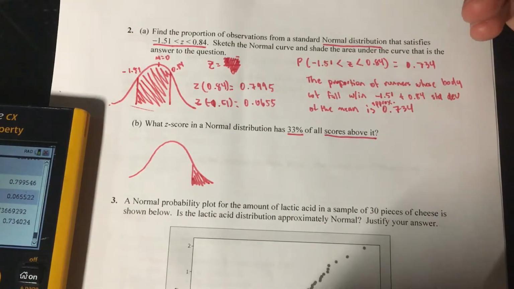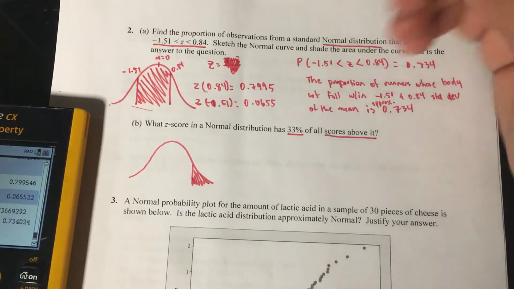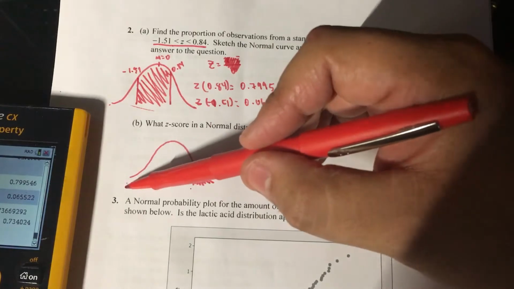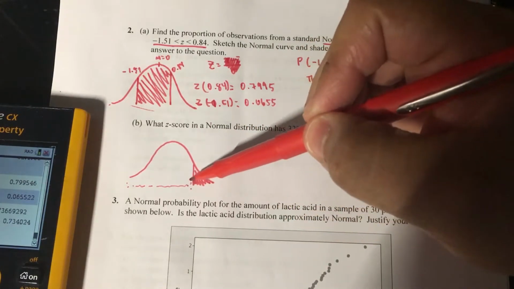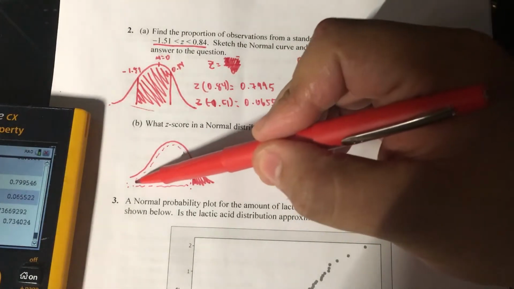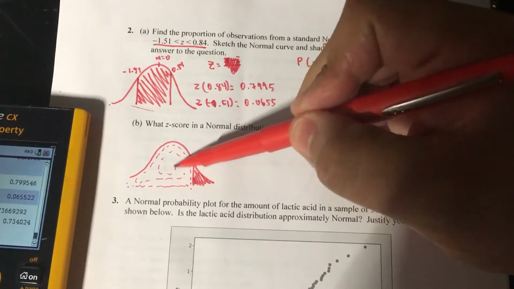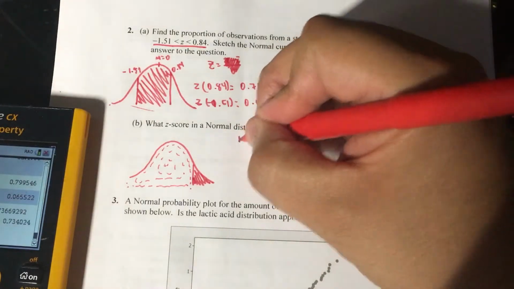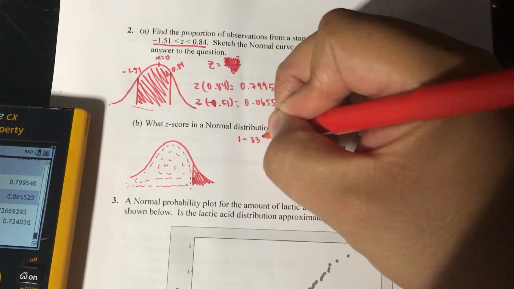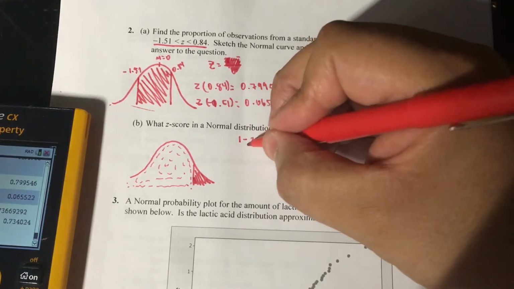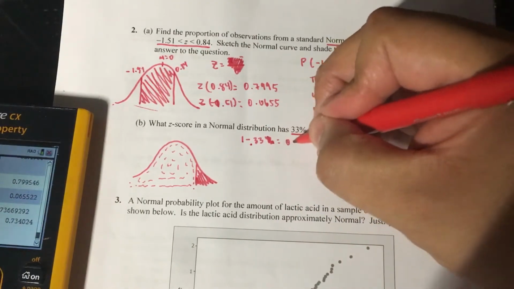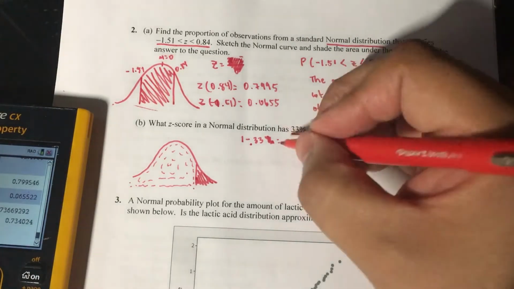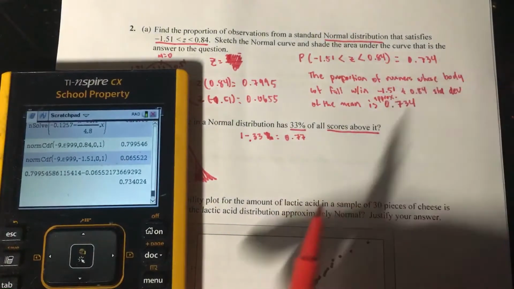This is a little bit tricky about this one. The way your z-score tables are made, the area is from over here to over here. So the proportion I'm talking about is 1 minus 33%, so 1 minus 0.33, which is 0.67.